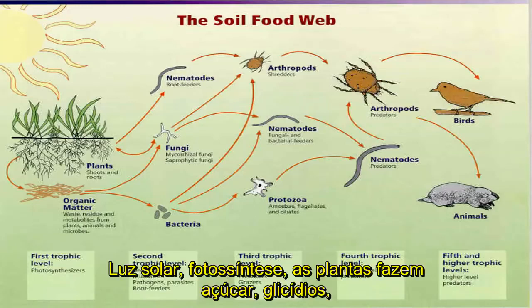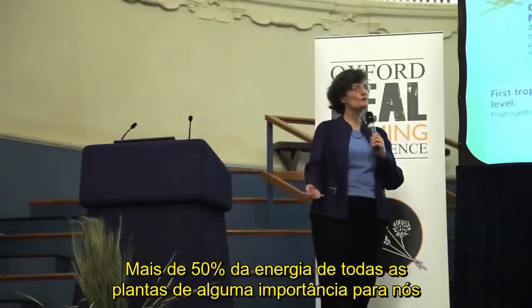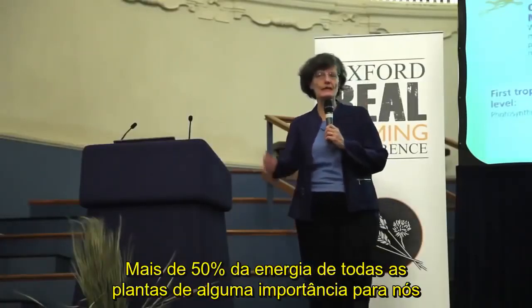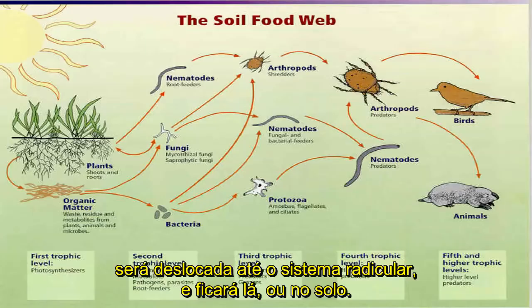So sunlight, photosynthesis, plants make sugar. Most of the sugars from photosynthesis are translocated down into the root system. So over 50% of the energy of any plant we care about is going to be translocated down into the root system and stays in the root system or the soil.